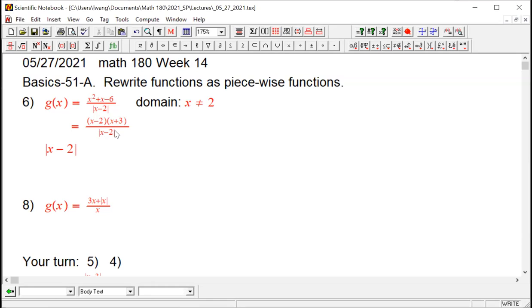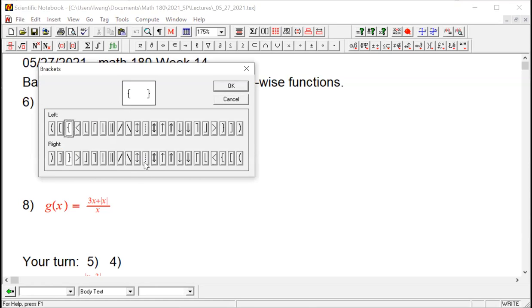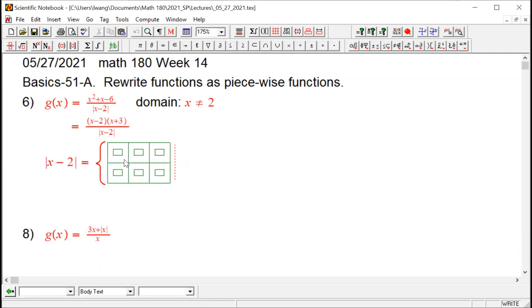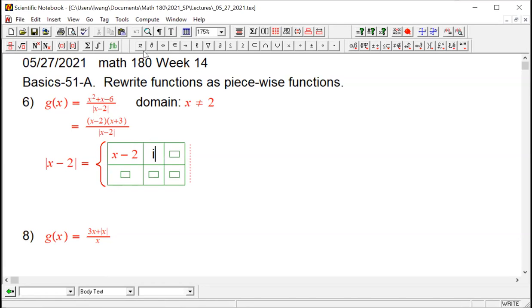The other thing you indicated was that the absolute value of x minus 2 is going to have these two pieces, which is also very good. It's x minus 2 if x minus 2 is larger than 0.